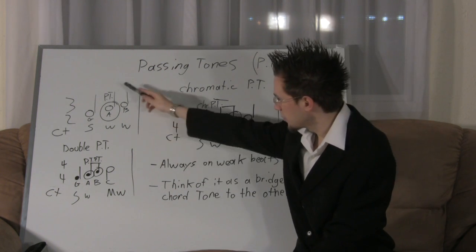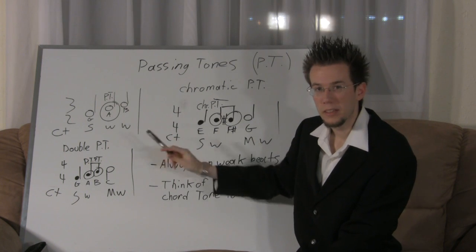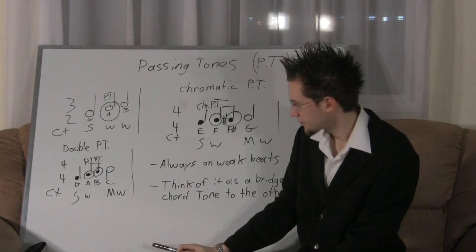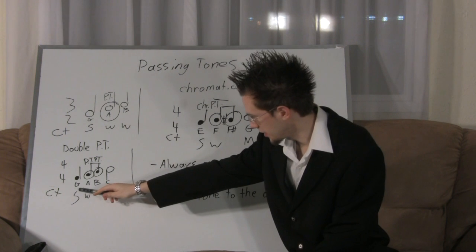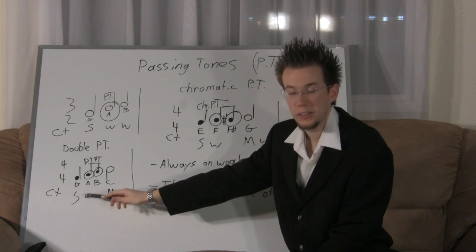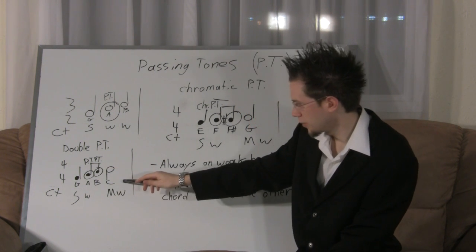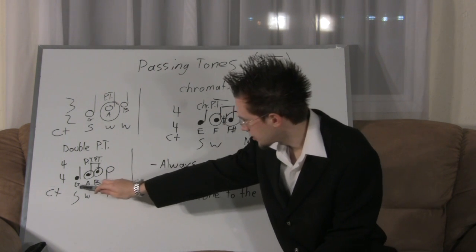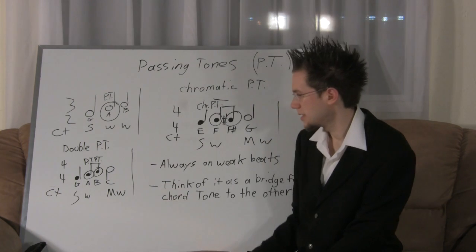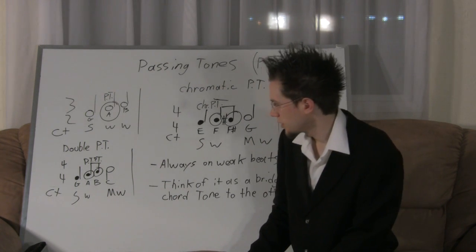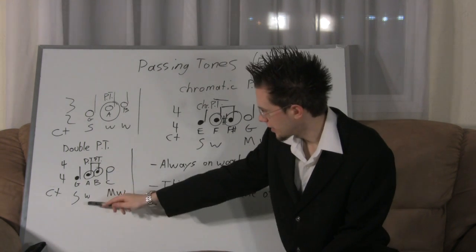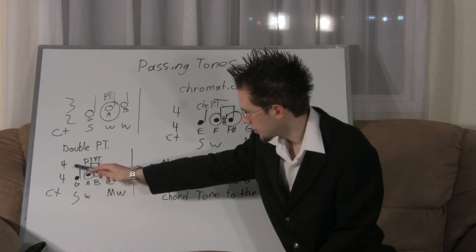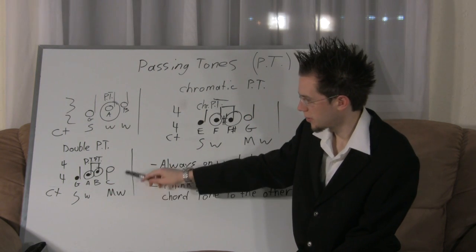Okay, so that's one example, but you can also have double passing tones. So say you're on the G chord here, or actually this could even be the 1 chord, still going to the 1 chord. So it's going all through here, and we've got G, A, B, and then C. The weak beat is here, and we've got the strong beat G, a chord tone, and C, a chord tone.